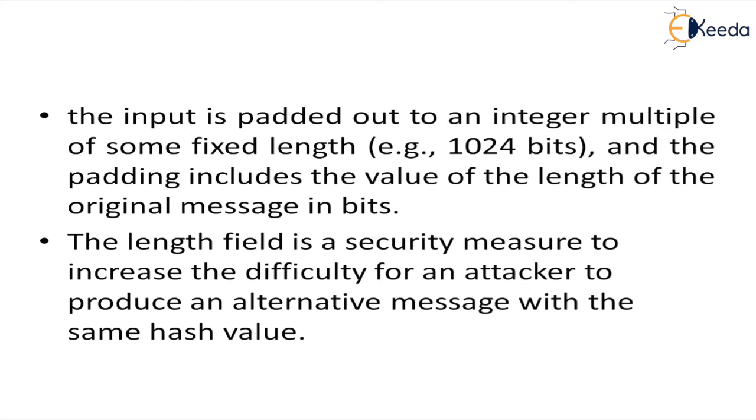Suppose we take an example of 1024 bits, and the padding includes the value of the length of the original message in bits. So this length field is a security measure to increase the difficulty for an attacker to produce an alternative message with the same hash value. So the attacker cannot easily have an alternative to this particular message length.